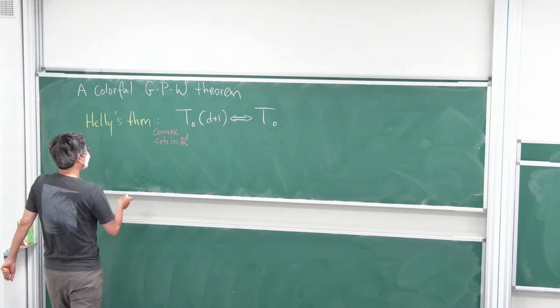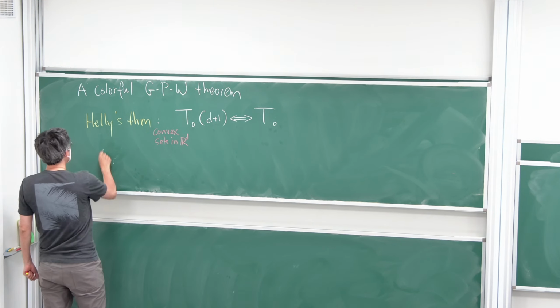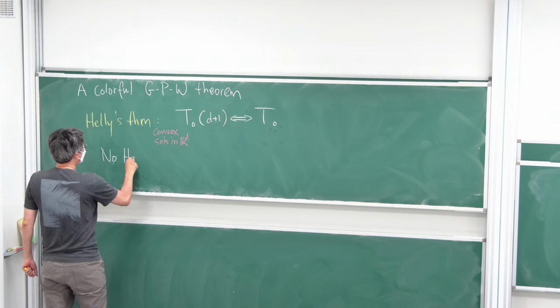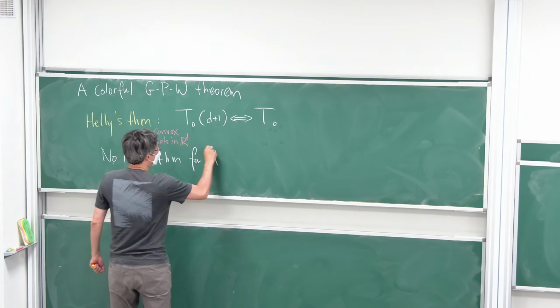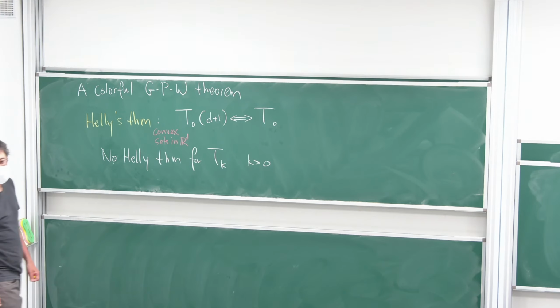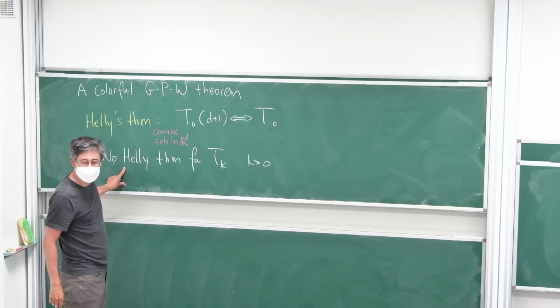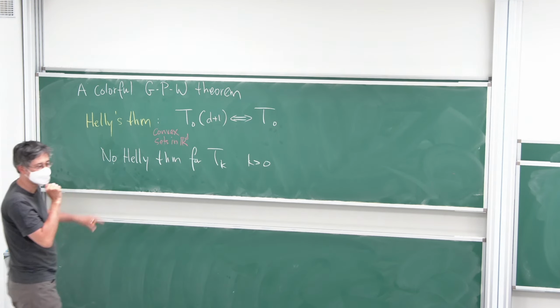So in general, there is no Helly theorem for T_k when k is greater than 0. That was corrected 5 years later by Santaló, who showed an example and said, look, this is wrong.